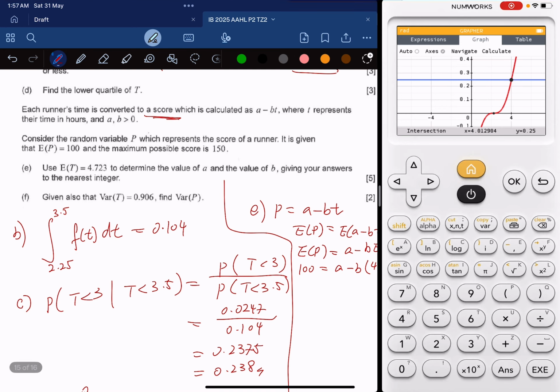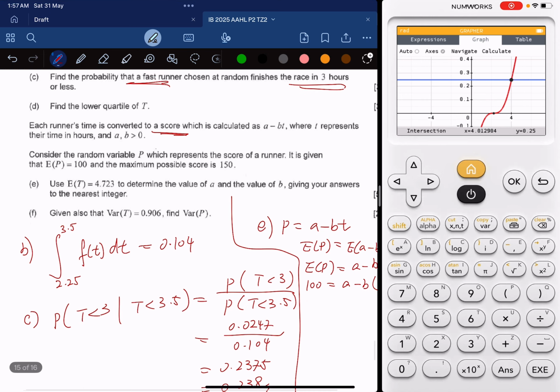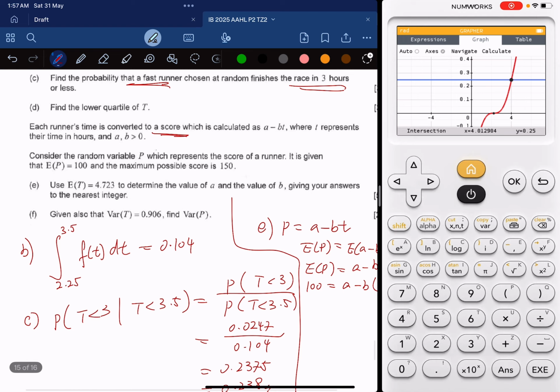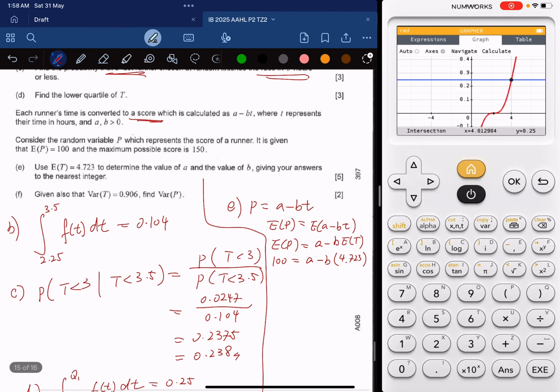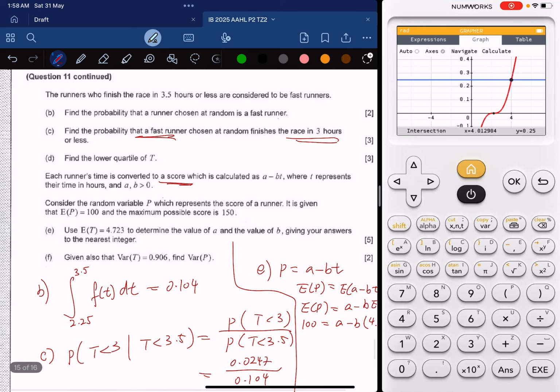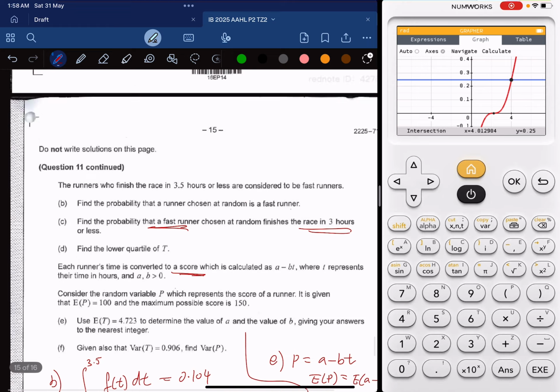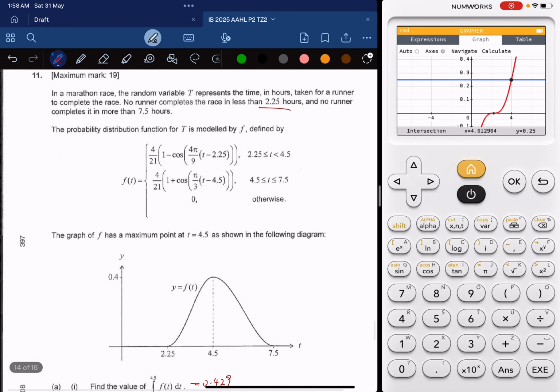Maximum possible score, it's 150. I think for the maximum possible score, A minus BT, the largest one should be 150. So what's the fastest for T again? No runners less than 2.25, right?